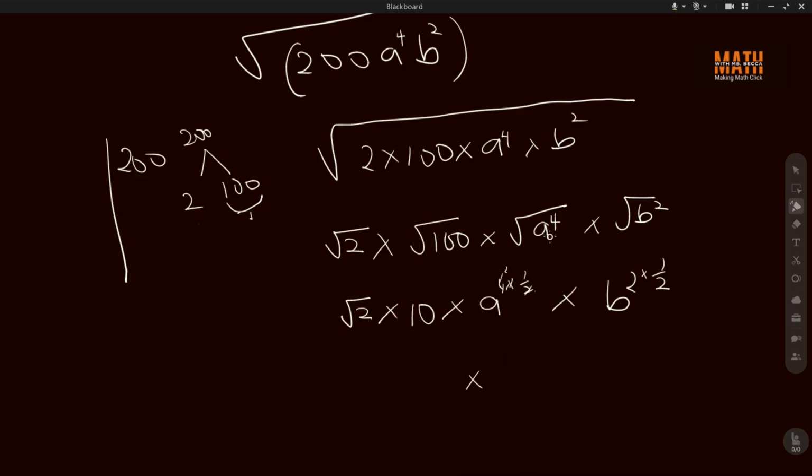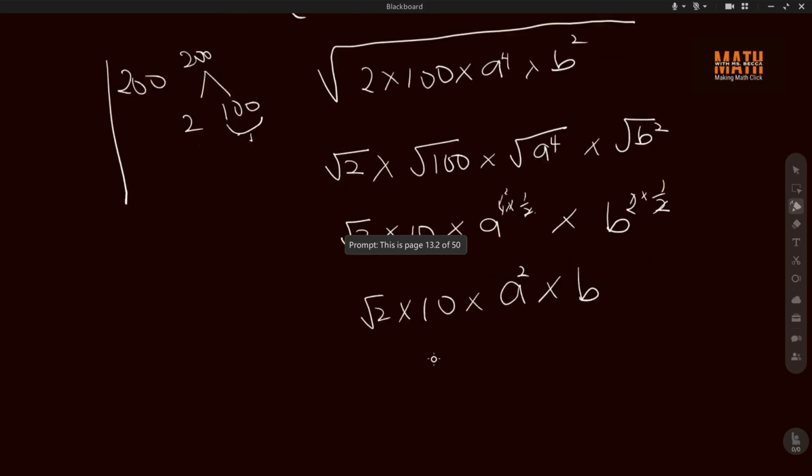So a power 4 will give a squared, and b power 2 will give b, because the 2 will cancel the 2. So square root will cancel square. So here now we have times 10 and then times root 2.